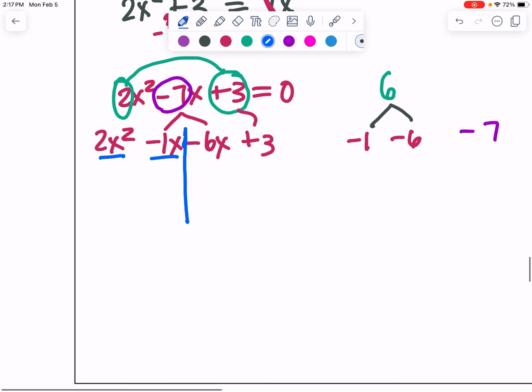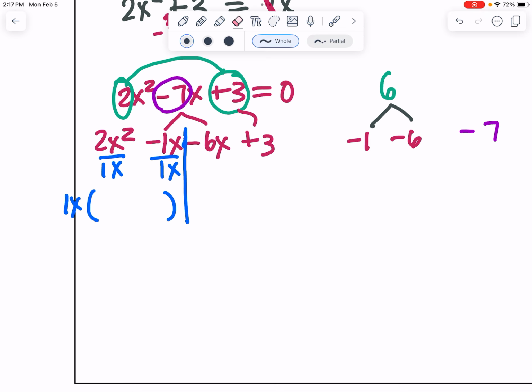So out of the first pair, 1 is the only number that divides 2 and 1, and then we can divide it by x as well. And so 1x is the GCF, and then I'm going to go ahead and get rid of that invisible 1 so that we don't complicate it. 2x squared divided by 1x would leave me with just a 2x. -1x divided by 1 is just -1.